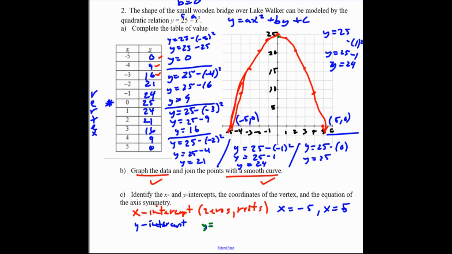Okay, right here is the y-intercept. y equals 25. Or you might want to put it as a point: 0, 25.